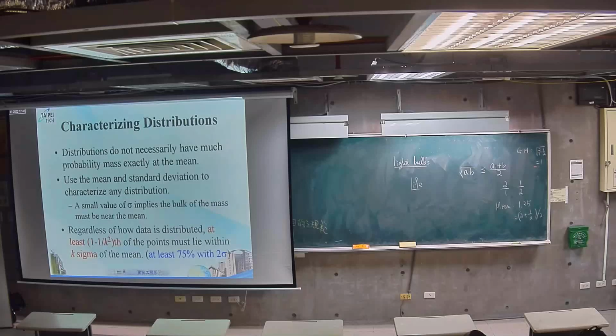In a later class, we might introduce some distributions, but not today. We have the centrality measures and the variance, and we can use these two properties, or these two numbers, to describe the data set.